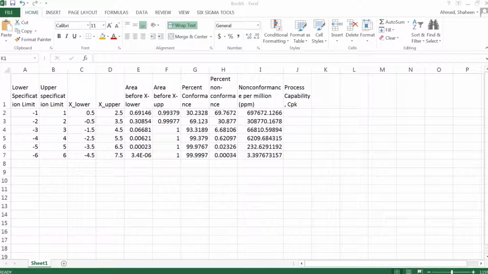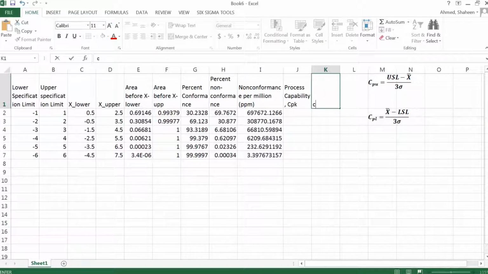So it calculates CP value based on the upper spec limit and also calculates CP value based on the lower spec limit. So it calculates CPU and CPL, and then the CPK is the minimum of these two.